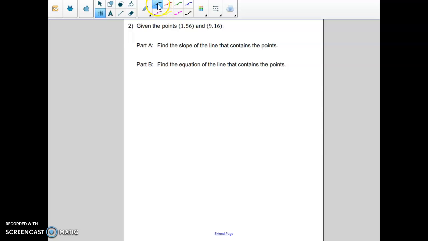Hopefully you guys took a minute to pause the video. So our part A, finding the slope, again going to use y2 minus y1 over x2 minus x1.